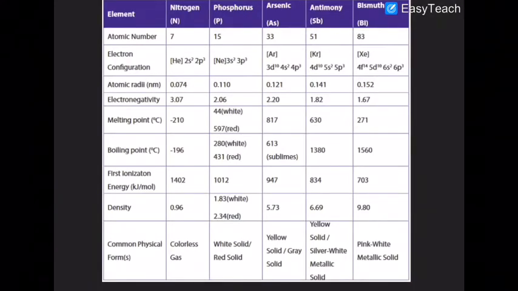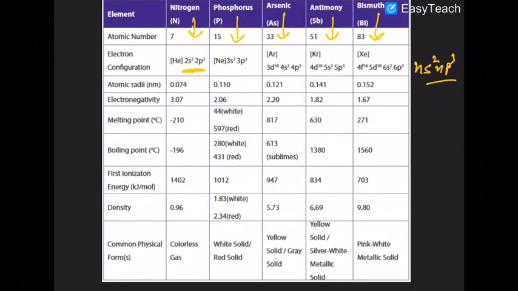So let's look at the view once more. It is nitrogen, phosphorus, arsenic, antimony, and bismuth. And going by the configuration I told you, it is ns2 np3. In case of nitrogen, the valence shell is second, so it is 2s2 2p3. In case of phosphorus, it is 3s2 3p3.